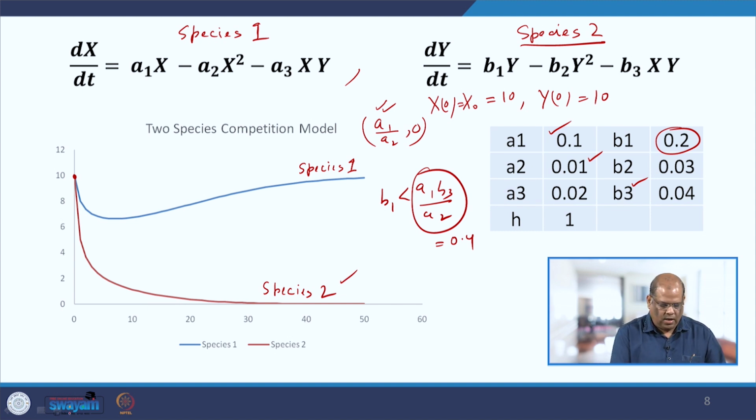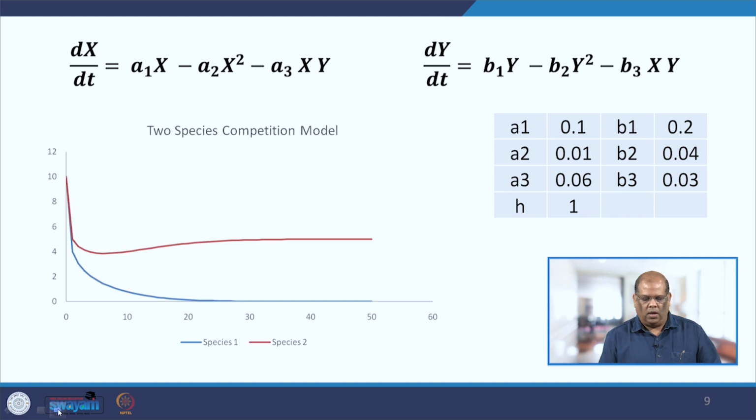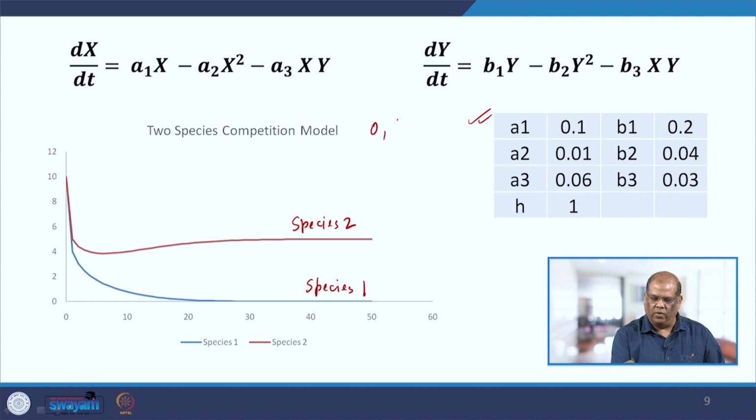The second example is where your species 1 goes extinct and your species 2 survives. So, I have to change this particular set a little, and in this case you have 0, B1 by B2.